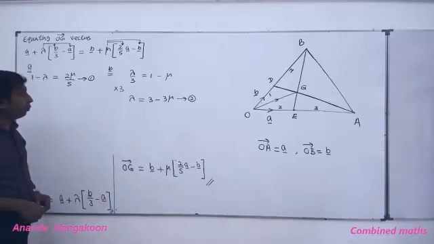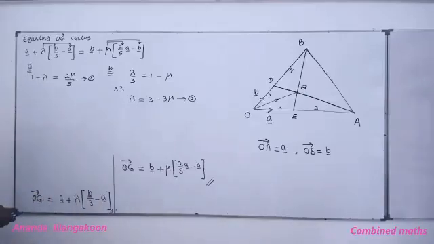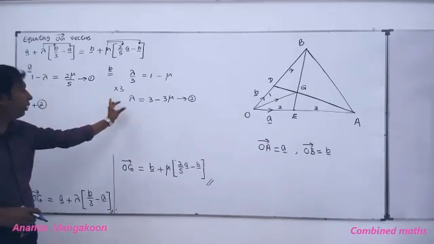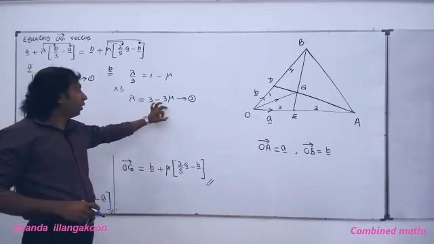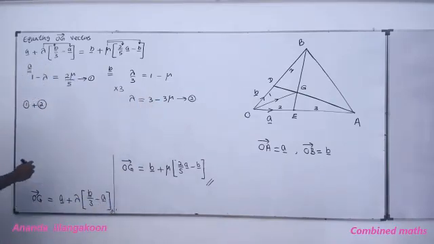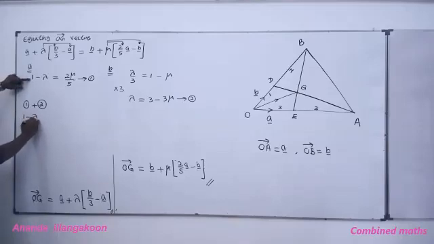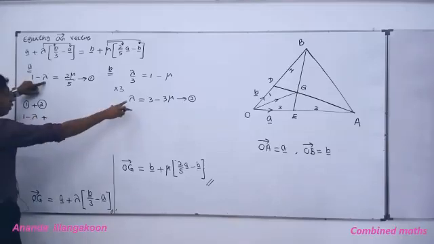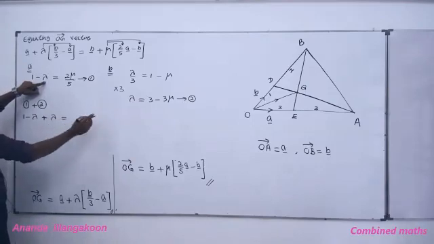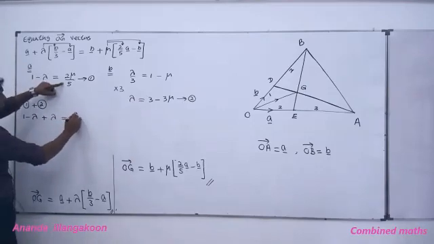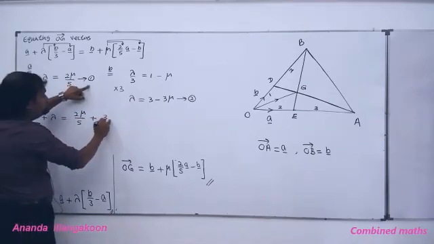Now to find out this mu, what I can do is add this 1 and 2. When you add these two equations, the left hand sides you add together, and the right hand sides together. On the left hand side, 1 minus lambda plus lambda, and on the right hand side, 2 mu divided by 5 plus 3 minus 3 mu.